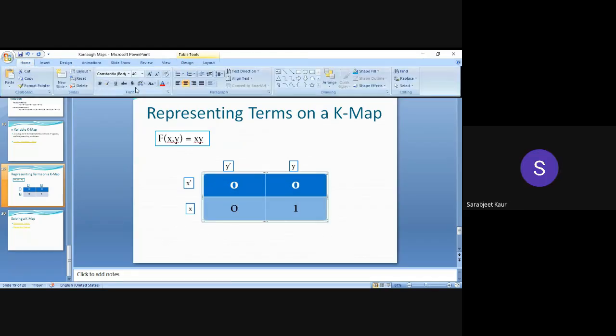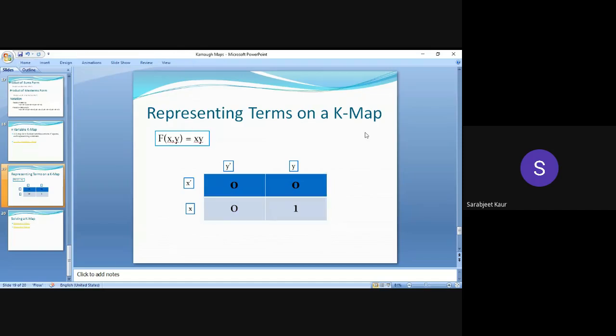This is the simple representation of this expression xy. Now suppose I was to represent x dash y or xy.